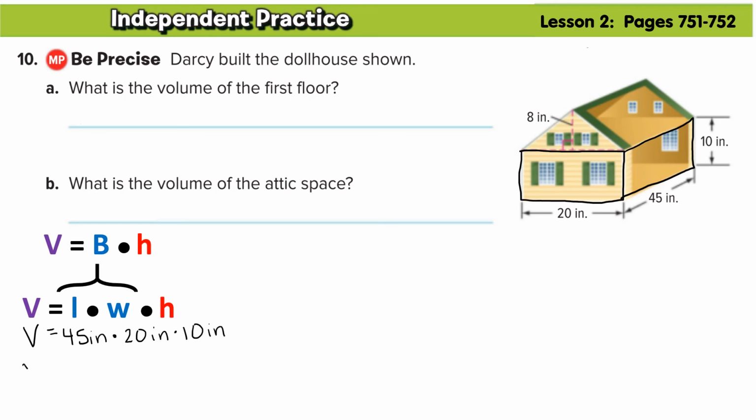So the volume is going to equal 45 inches times 200 inches squared, and the volume of the first floor equals 9,000 inches cubed.